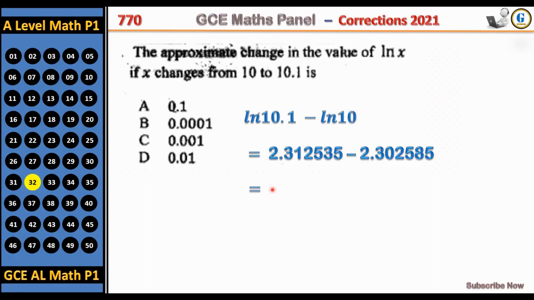Let us take the values up to 5 decimal places, so that if we approximate, we'll see what the answer gives us. So when you approximate this one, the only value we can have is this c value, 0.01.